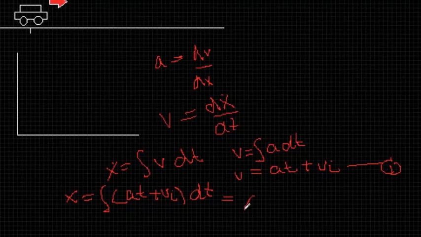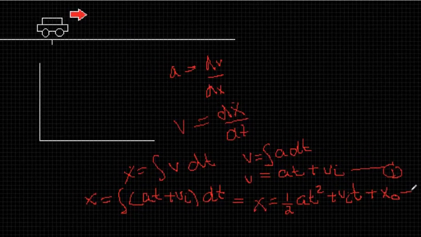This would equal, x would equal 1/2 acceleration times t squared plus initial velocity times time plus the constant, which is the initial distance. Now, if you don't have a calculus background, we'll develop these relations in a different format. This is equation number 2.